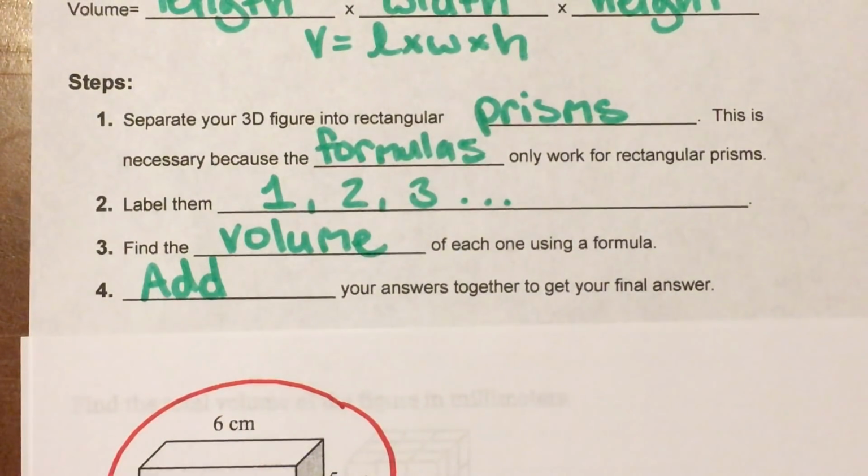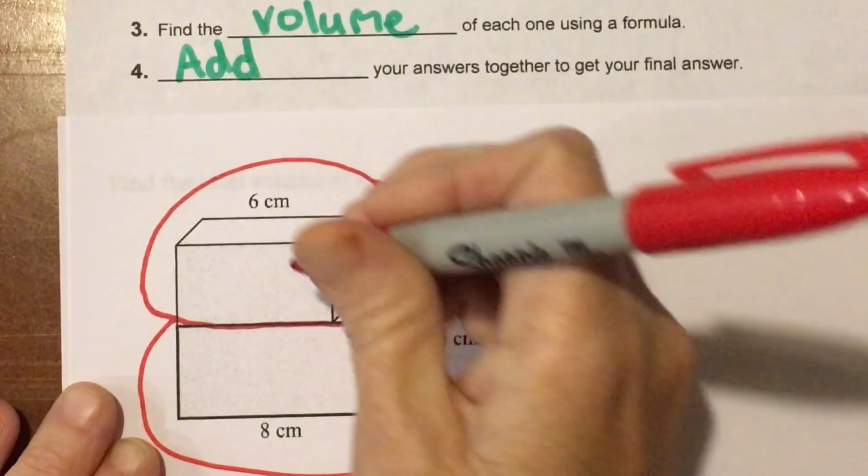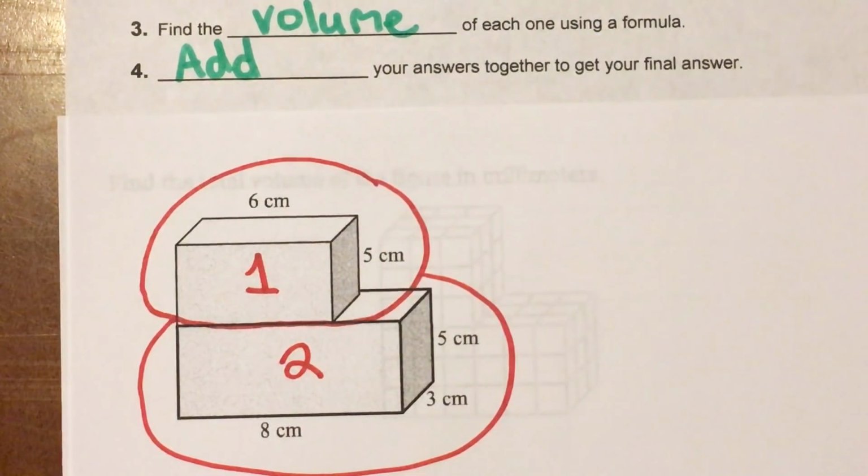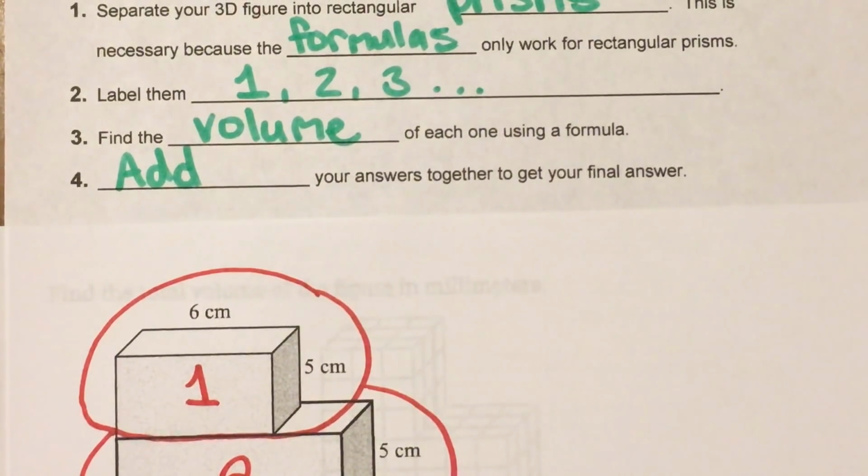My next step says I'm going to label them. So I'm going to call this box 1 and that box 2, or prism 1 and prism 2. My next step is to find the volume of each one using a formula. I said a formula because you're welcome to use whatever you feel will work best for the problem.